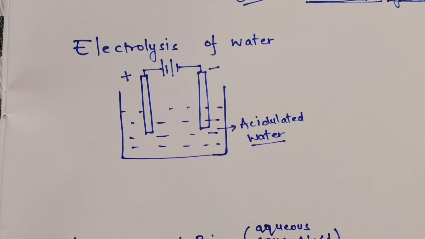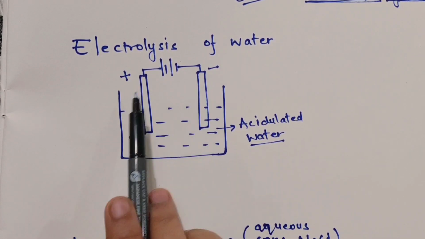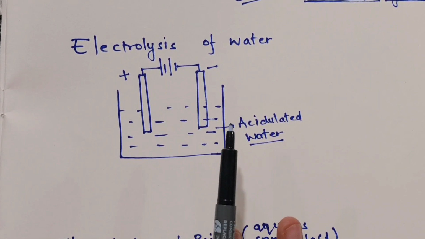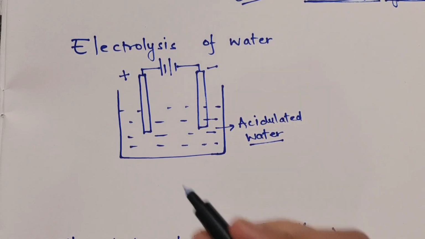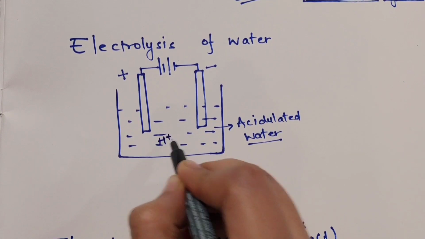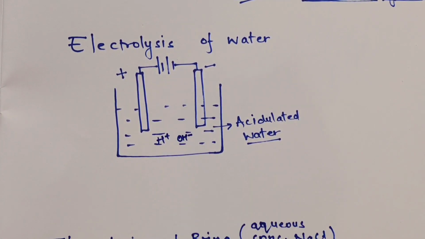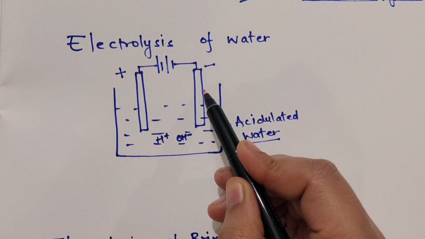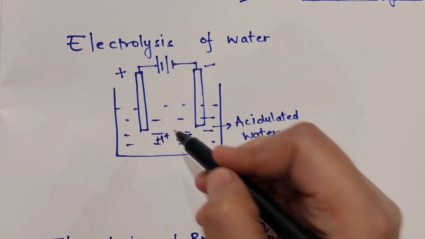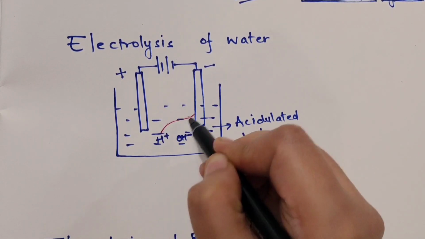Now, which one is cathode, which one is anode is very simple to remember. If you remember this much, then the rest should be easy. You also have to know that out of the 2 ions, one is a cation, that means a positively charged ion, and one would be an anion, that means a negatively charged ion. In this case, we are writing it as H+ and OH-. Now, H+ is a cation, so it will go to the negative electrode because opposites attract. Okay, so H+ will go to the negative electrode.